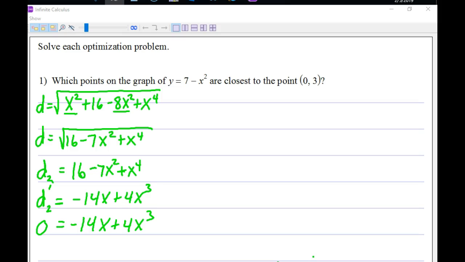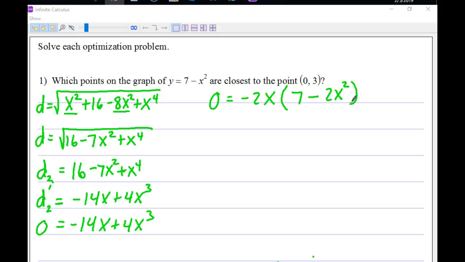Okay, so for this one, I would start by maybe factoring out a 2x, maybe even a negative 2x, which is going to leave me with 7 minus 2x squared.